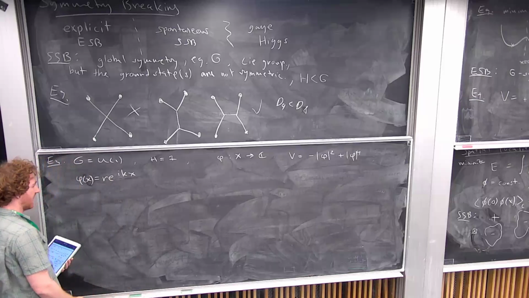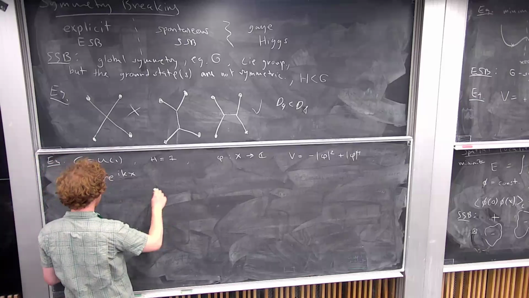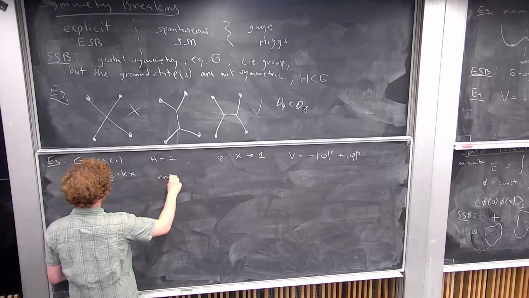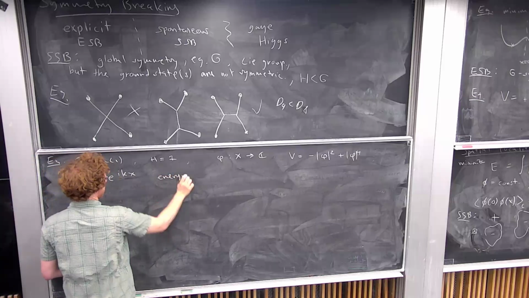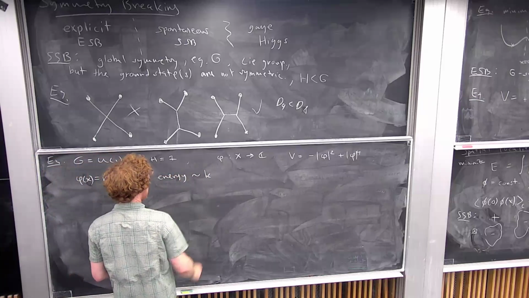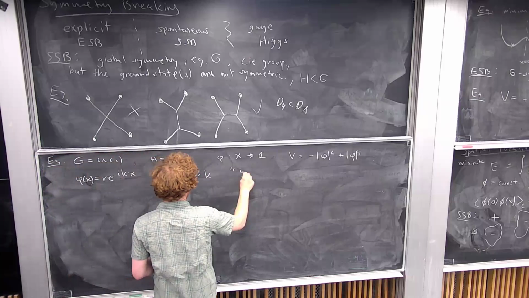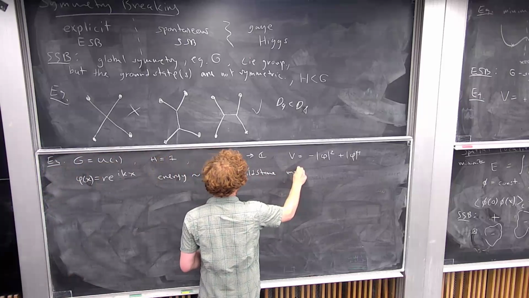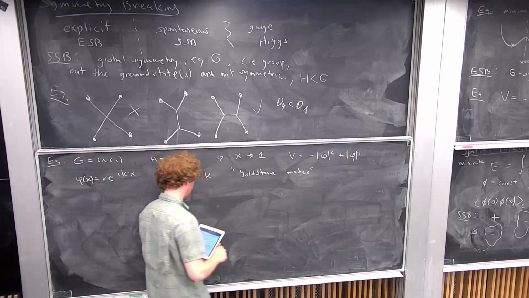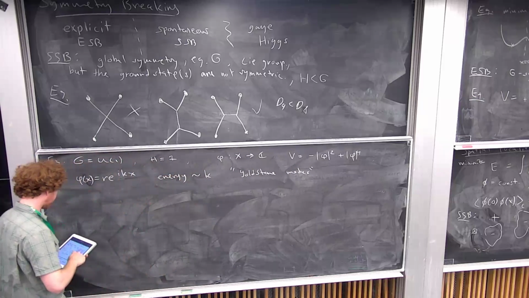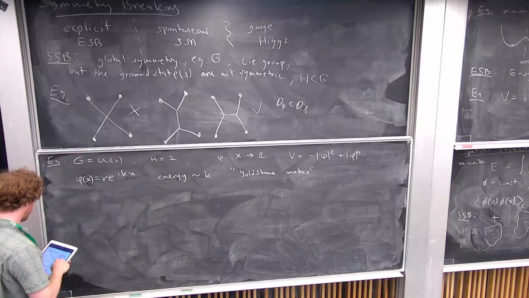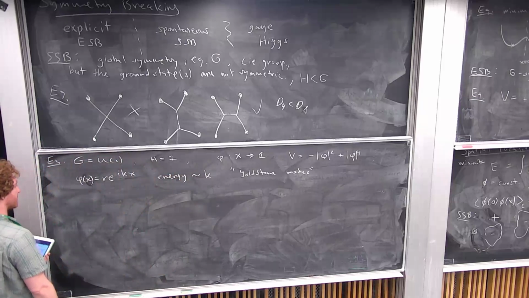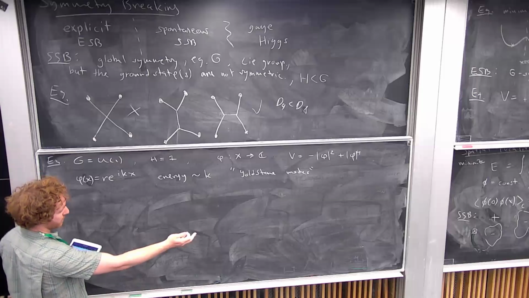And if k is small, this state has energy approximately k. So you have these massless Goldstone modes in this case. And these will also spoil your 1D order.